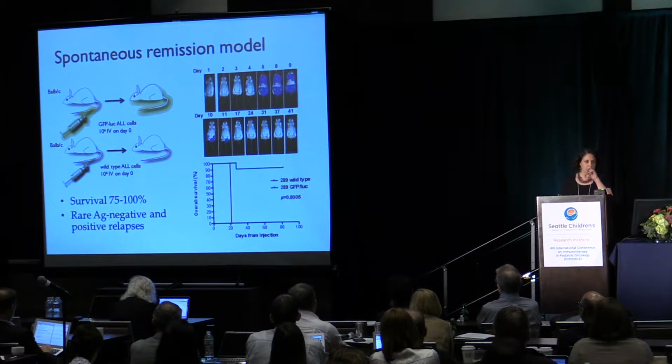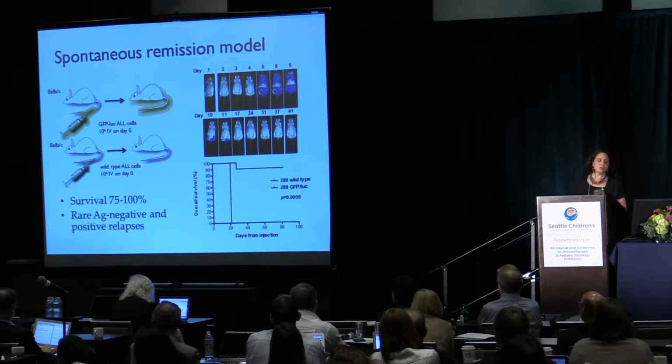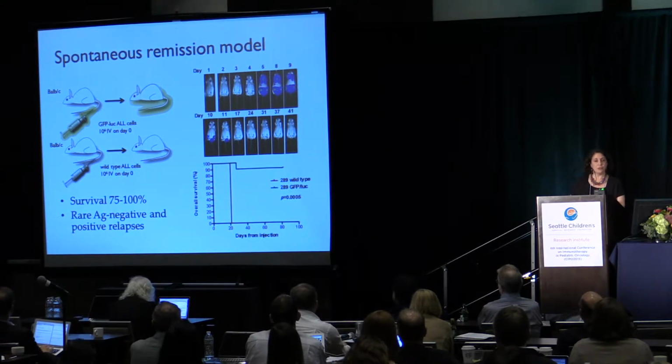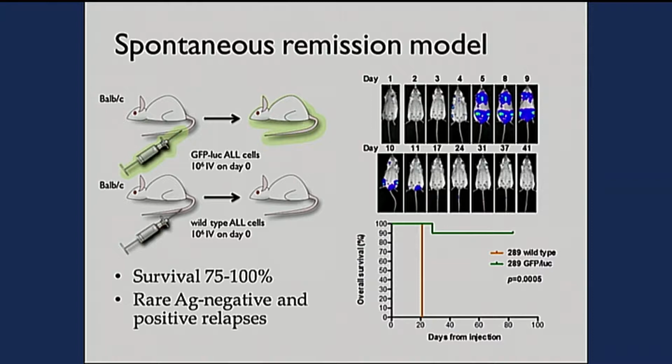So just to walk you through our model, we use the emu-RET fusion protein mouse model developed by Robert Wasserman and Richard Hardy at Penn in the late 90s, I believe. This is a model in which there is a constitutively active RET tyrosine kinase in approximation with the heavy chain promoter.